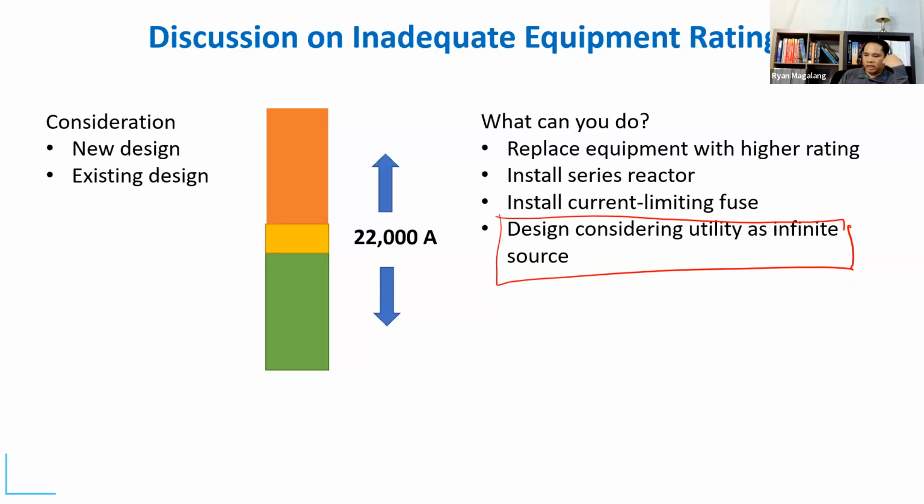What that means is essentially you're saying that the source or utility has zero impedance. So your fault current is only limited by your transformer impedance. And that is, I'd say, a conservative approximation that you can do immediately on site.